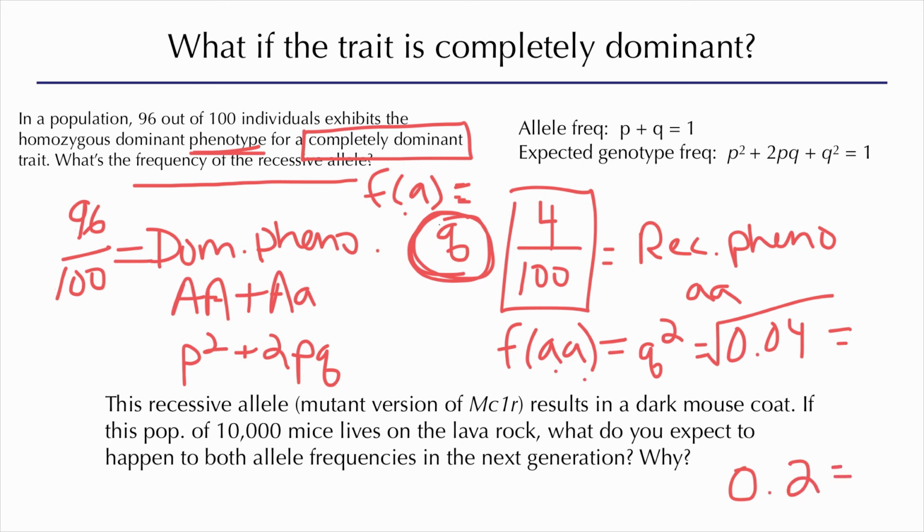So that's q. So the frequency of the recessive allele is 0.2, and actually I'll put 0.20. So that means 20% of the alleles in the gene pool are little a. And we could calculate any p's and q's that we need to from there, because now we have q and we can solve for everything.